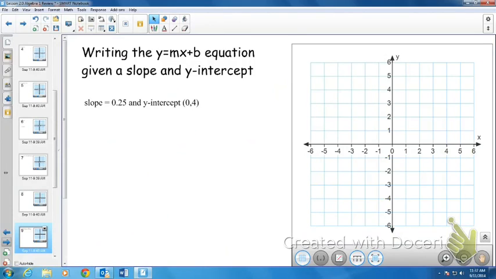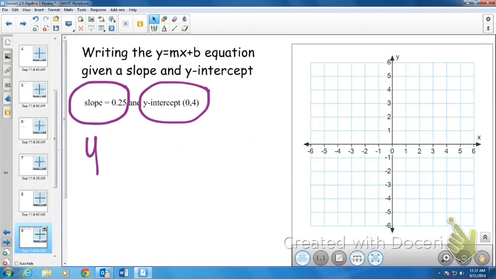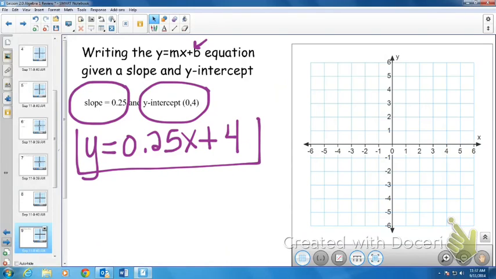We are going to write a y equals mx plus b equation if we're given a slope and a y-intercept. So I know the slope is 0.25 and the y-intercept is 4. So y equals m, that's my slope, 0.25x, plus my y-intercept of 4. This is the equation of the line in slope-intercept form. This is the same as y equals 4 plus 0.25x.